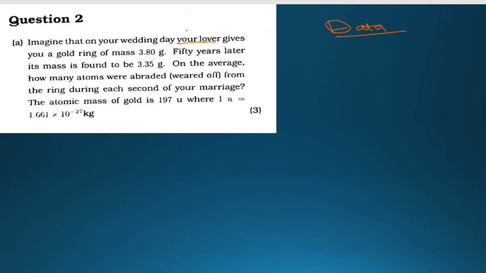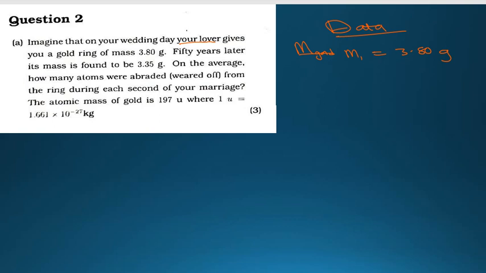So we're going to say mass of gold, which, since we have two masses, let me call this M1, to be 3.8 grams here.